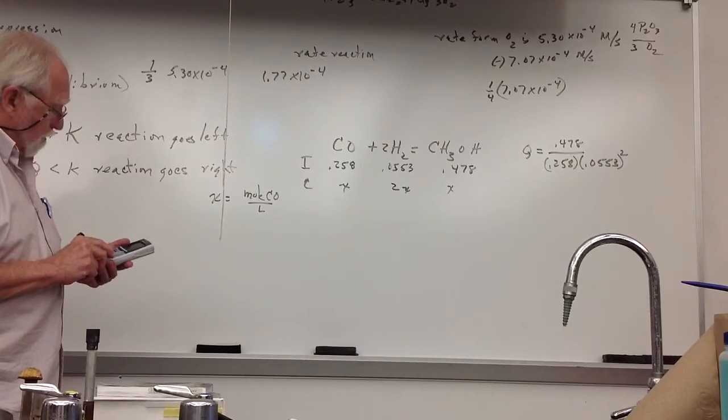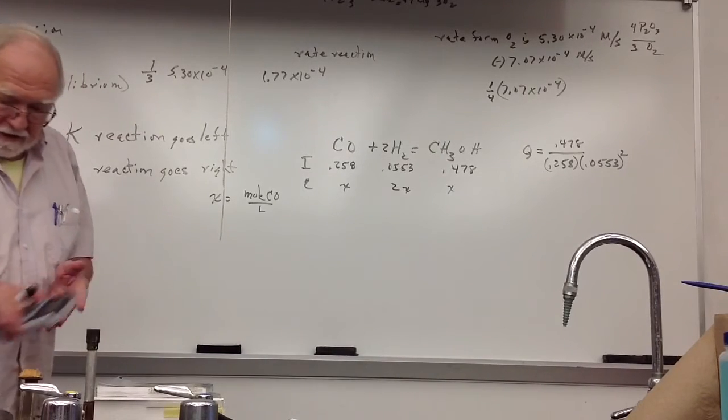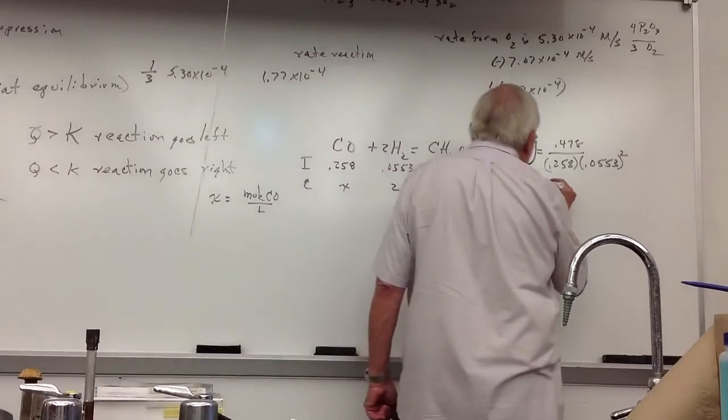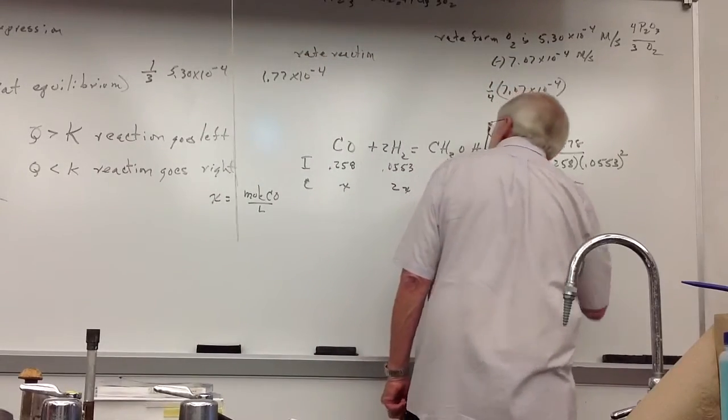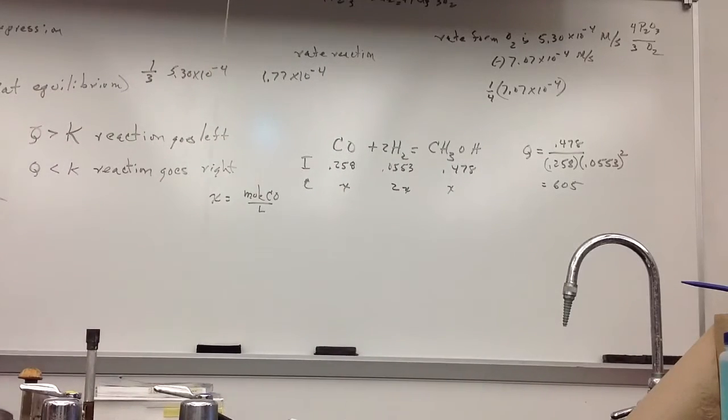It says 605. I think I put in the wrong parentheses. I'll just say 605. And now I have to go back to here. The K that he gave you was 1.06.